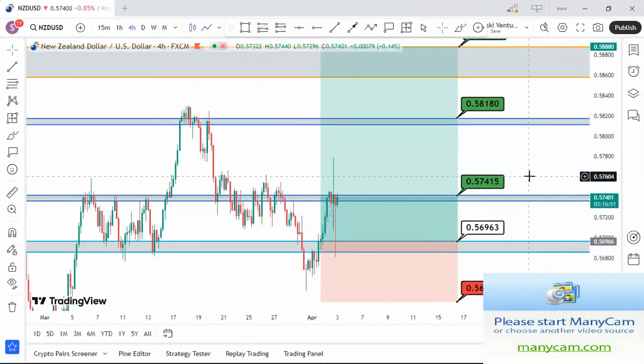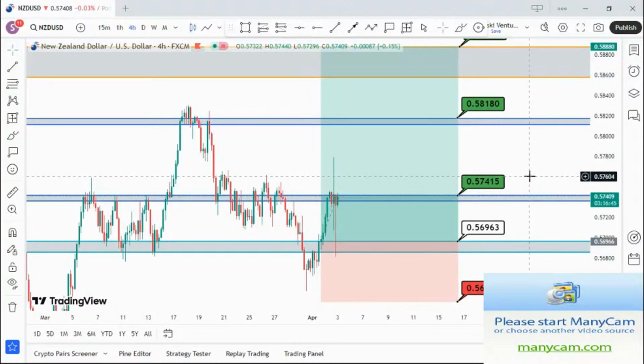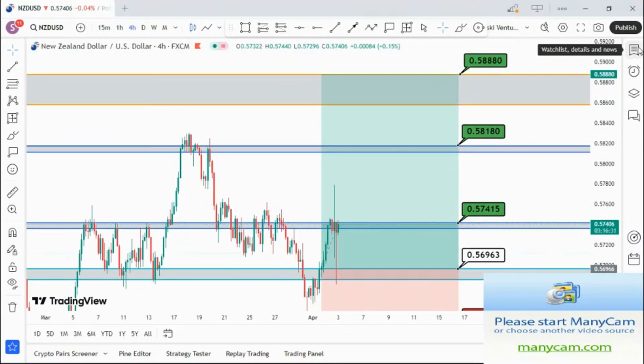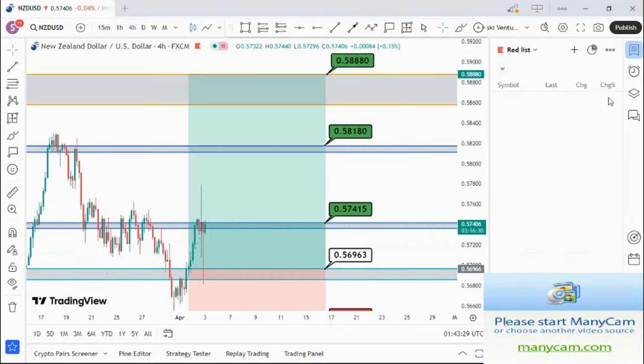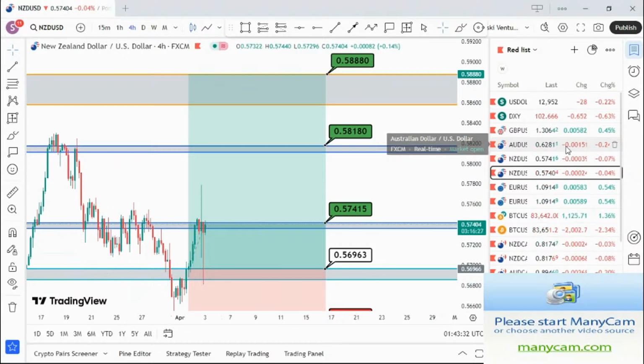So what do I do? I just watch it, let it do its thing, with my stop loss set and my take profit set. I just allow the market to do what it wants to do, then you see the outcome. We can't control the market, but we can control ourselves. So the best you can do for yourself is control yourself.